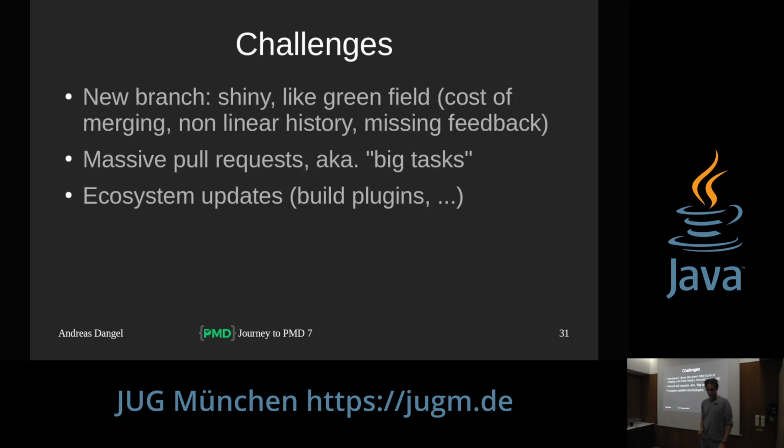Right, then what else? The new branch might look great at the beginning, because you can start fresh and don't need to think about anything. But after some time, the merging became more expensive.